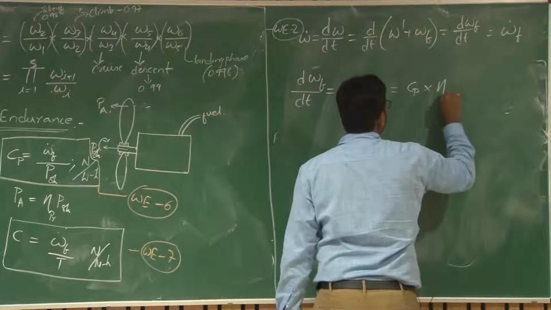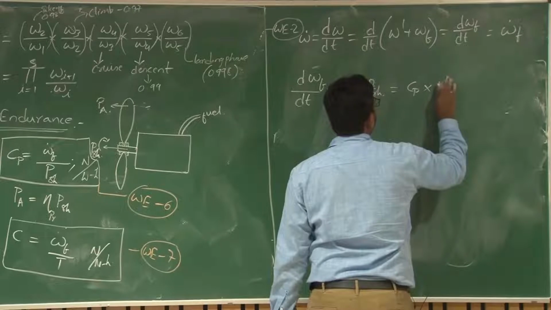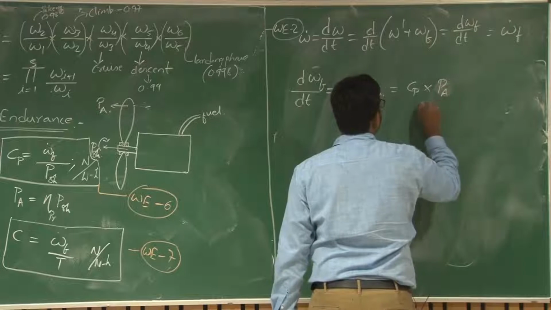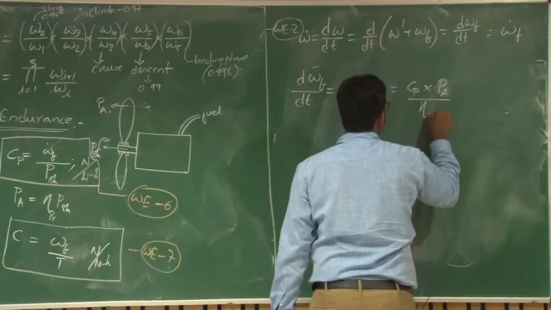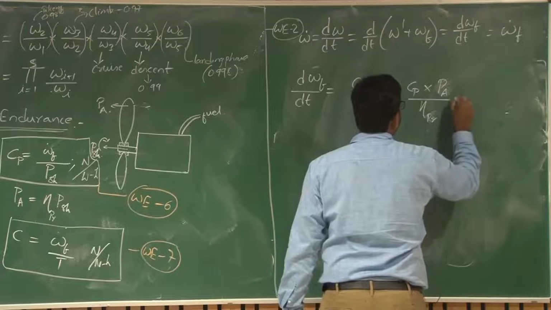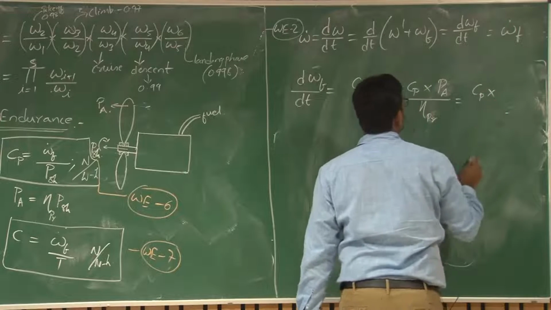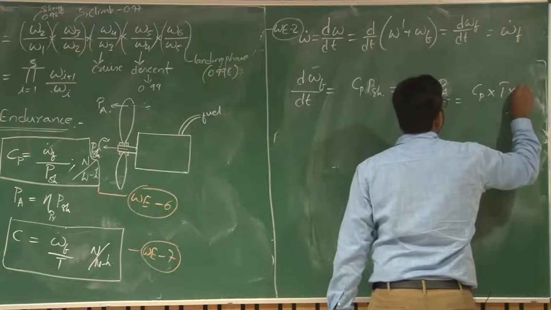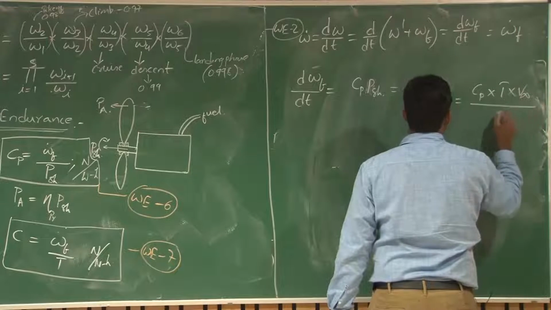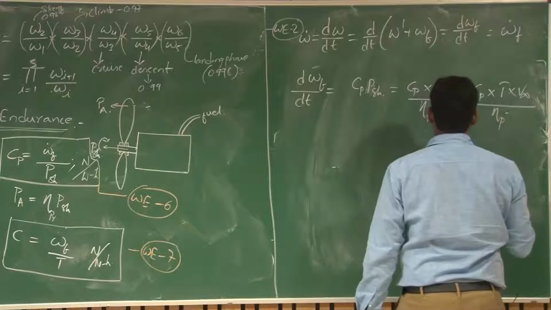Shaft power is the available power divided by the efficiency of the propeller. So what is available power? It is thrust into the velocity, times the propeller efficiency.